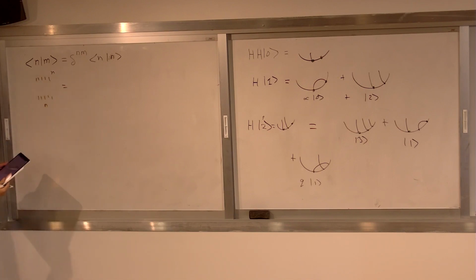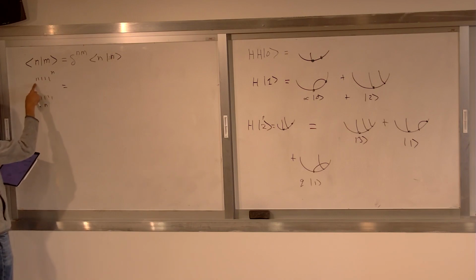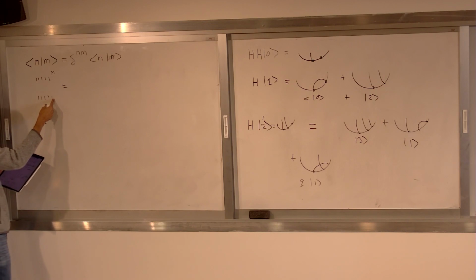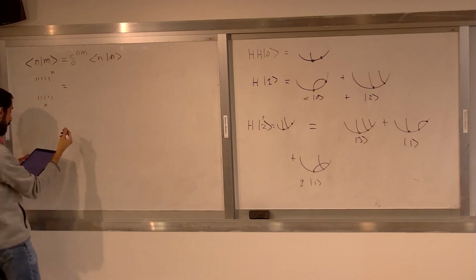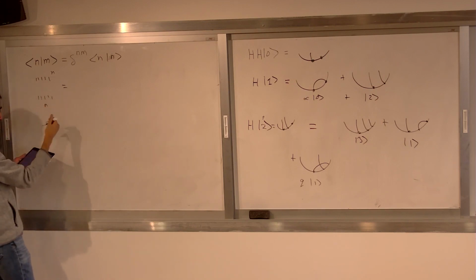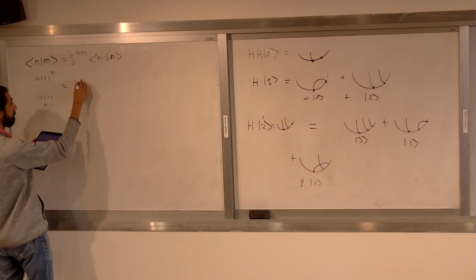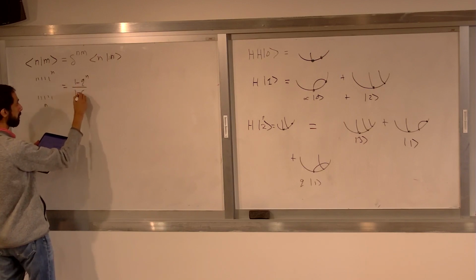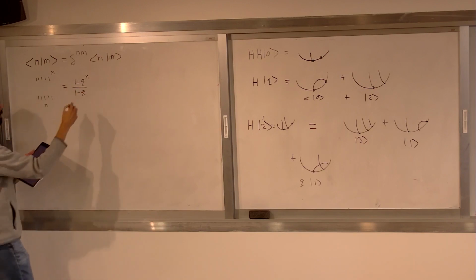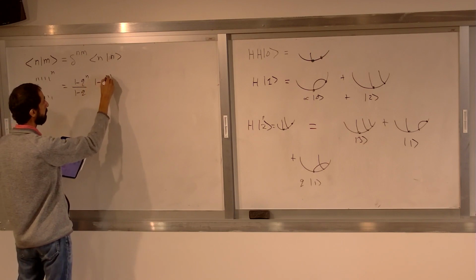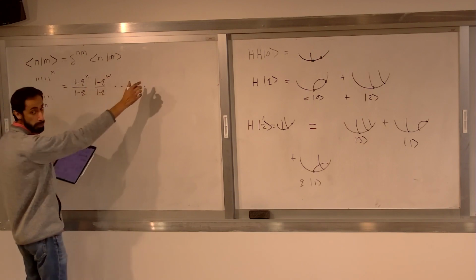But there's a combinatoric factor. What is the combinatoric factor? You take the first one and you sum over all possible ways of contracting these chords. That would generate intersections. So when you take the first one and combine it with this guy or this guy, you would get 1 minus q to the n over 1 minus q. That's for the first chord. And for the second chord, 1 minus q to the n minus 1 over 1 minus q, dot dot dot.